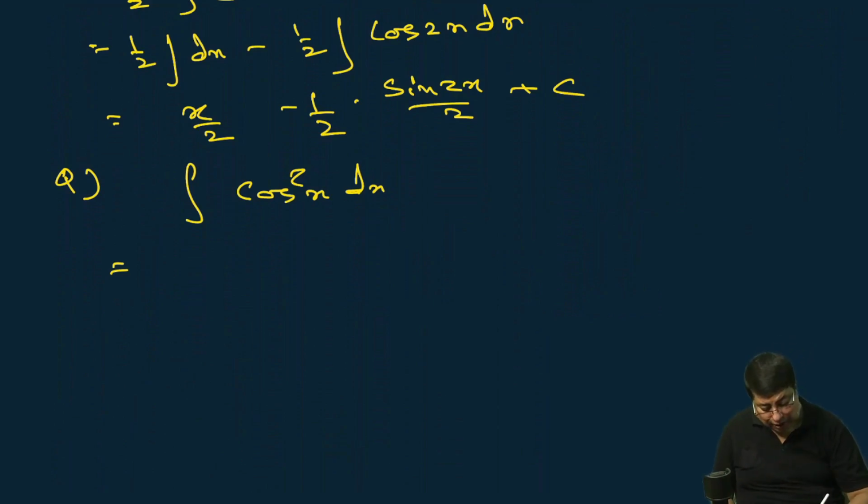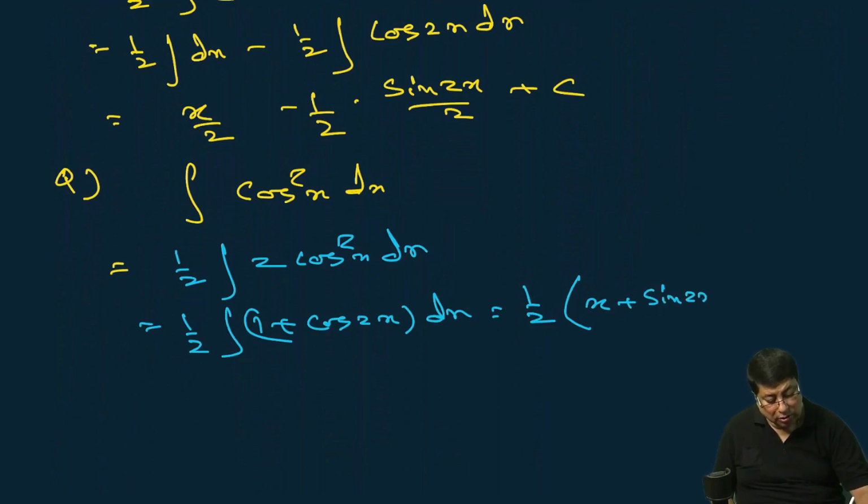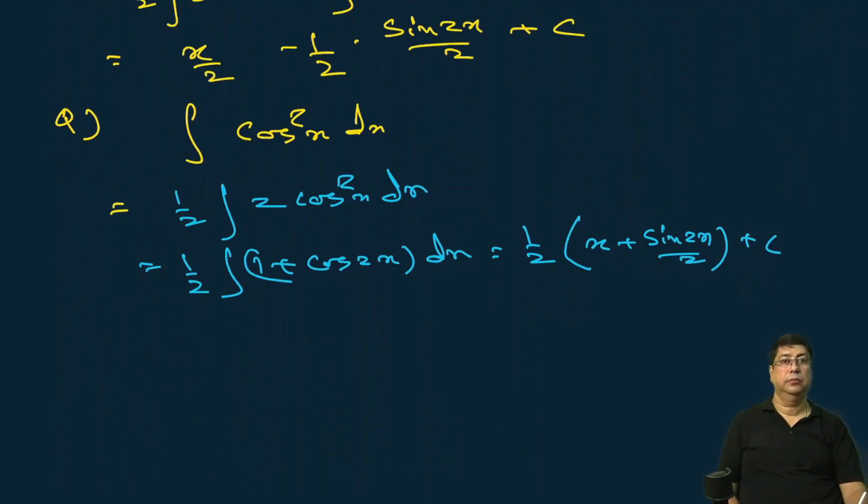Therefore, we can write this as half multiplied by 2 cos square x dx. That is half, 2 cos square x is 1 plus cos 2x dx. That comes to be half, integration of dx is x, and integration of cos 2x is sine 2x by 2, plus c. Done.